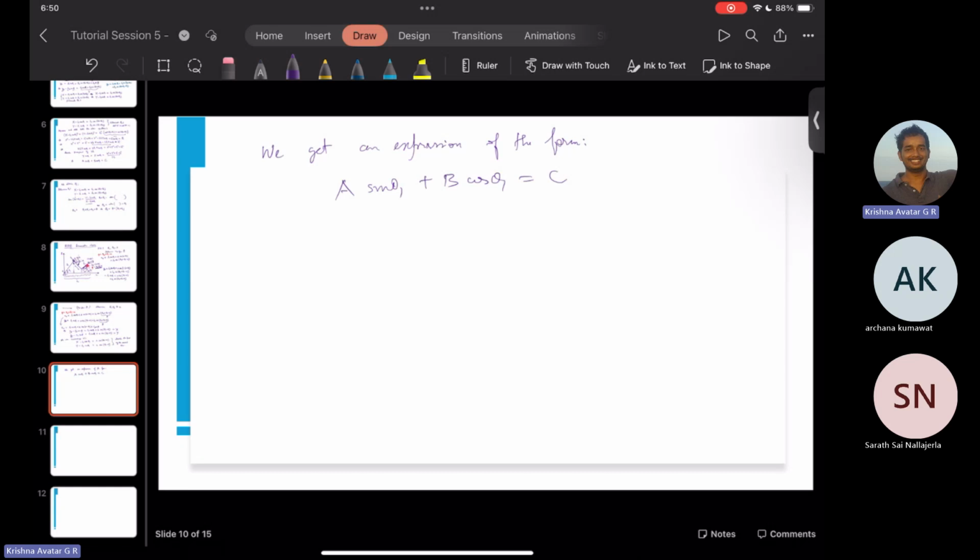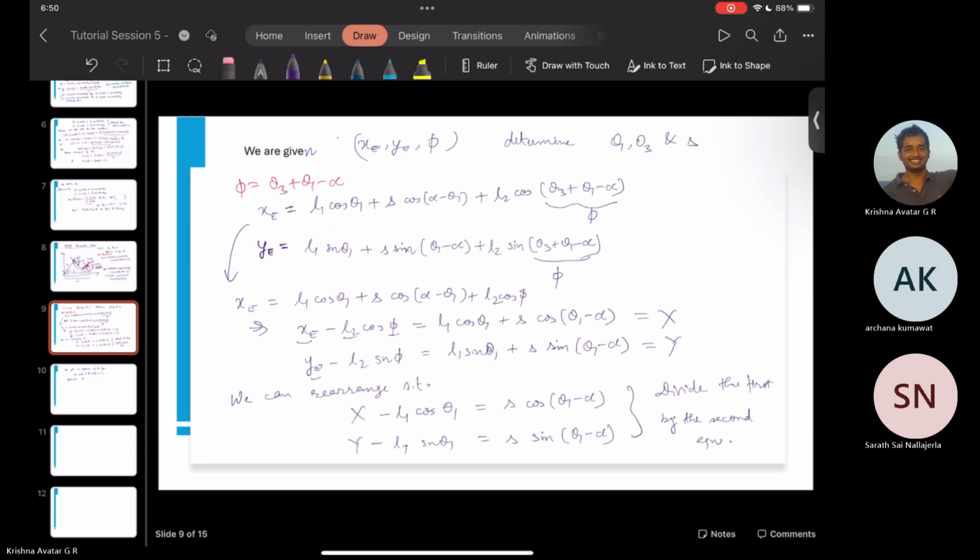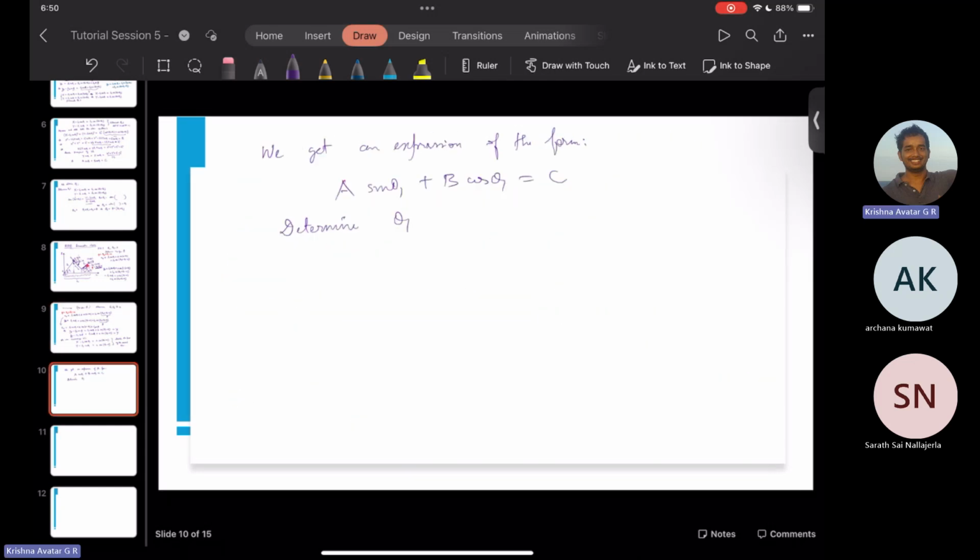So here, now determine theta 1. Once we have theta 1, then use phi is equal to theta 3 plus theta 1 minus alpha. This implies that theta 3 is equal to phi plus alpha minus theta 1.